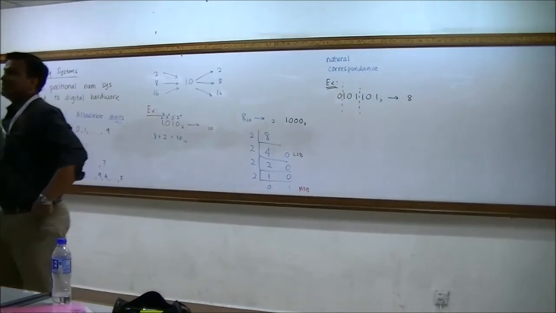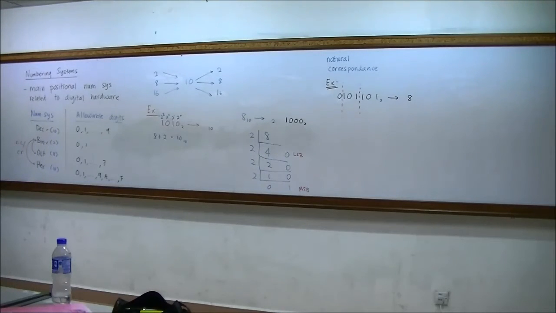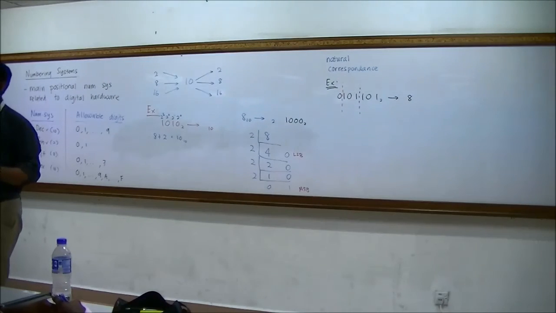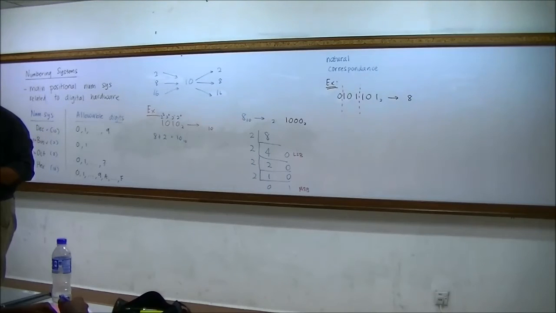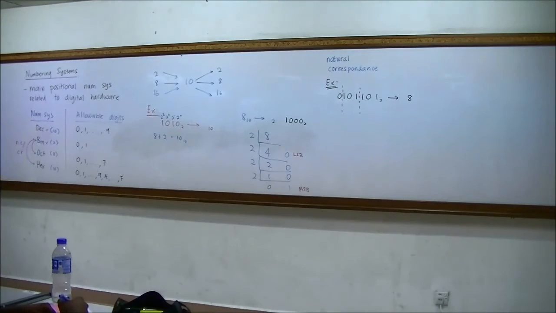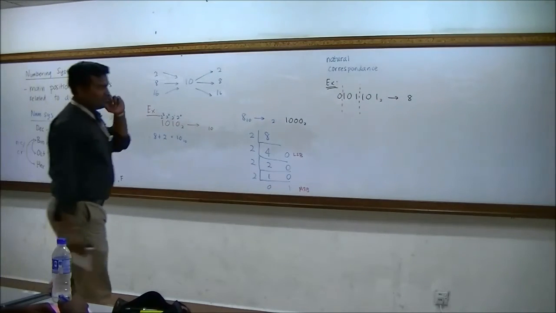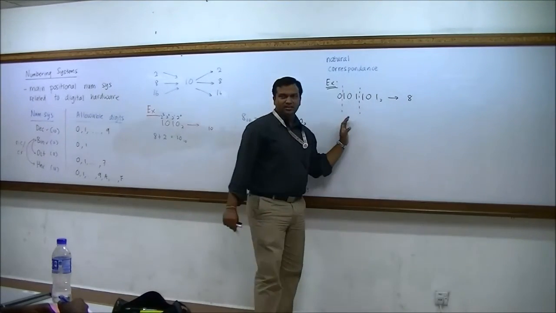Yes. The maximum number of octal is 7. 7, if you represent it in binary, is 1, 1, 1. So that's very good. That's why we break into groups of 3.